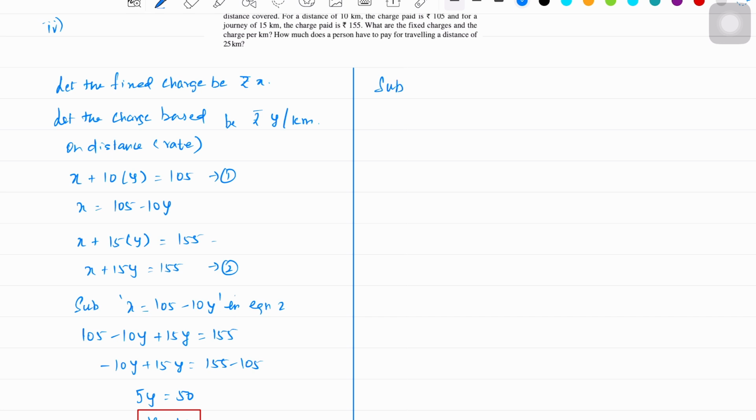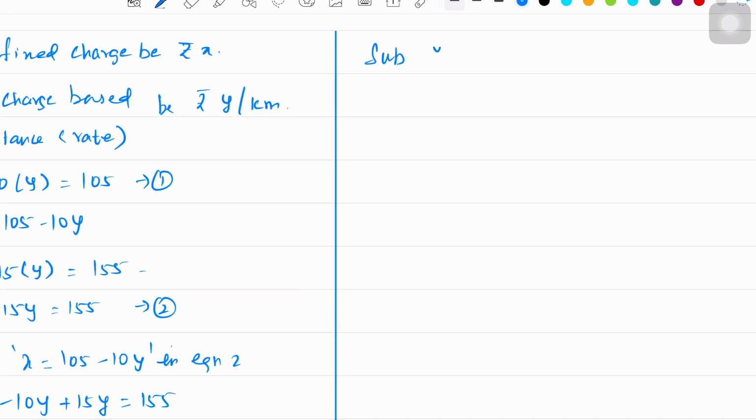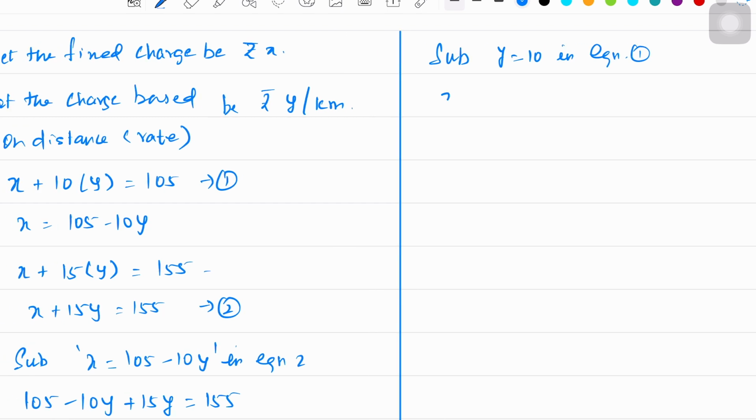Substitute Y equals 10 in equation 1. So X plus 10 times 10 equals 105, or X plus 100 equals 105, or X equals 105 minus 100. Therefore X equals 5.